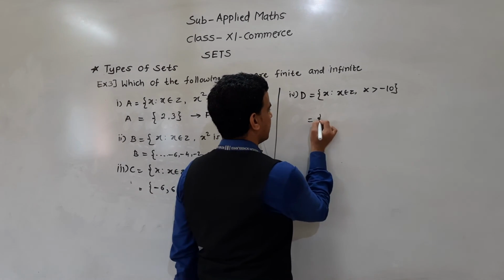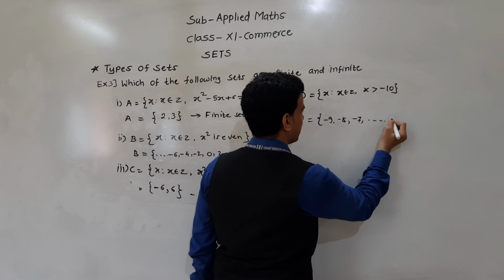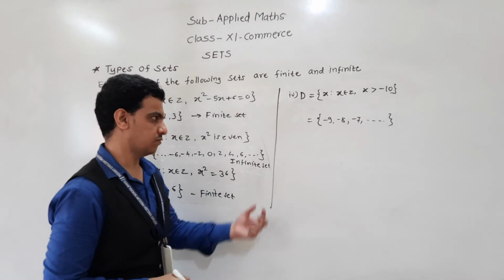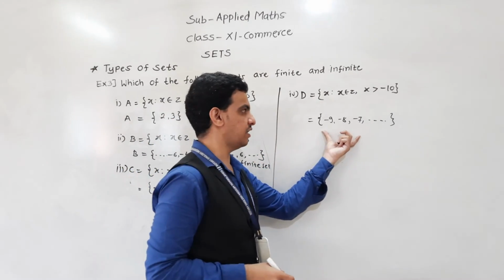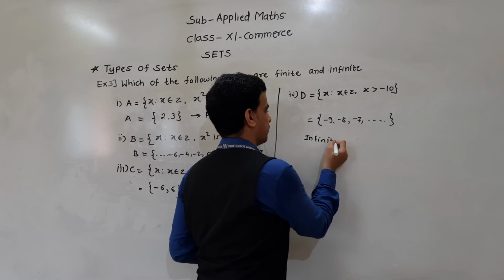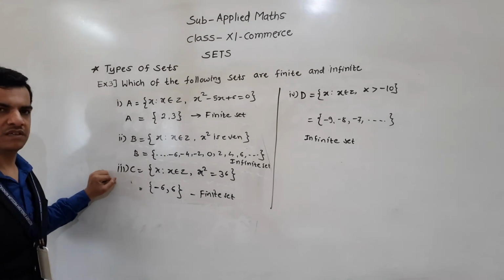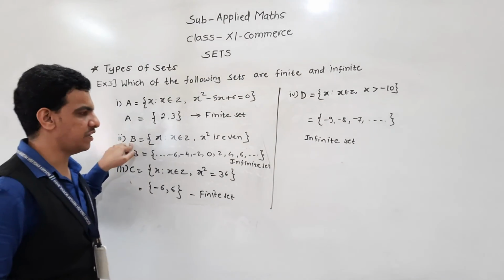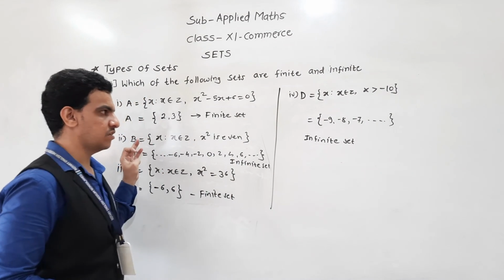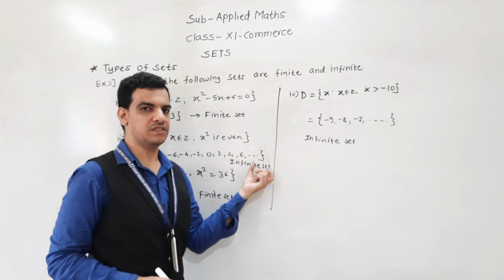This set contains minus 9, minus 8, minus 7, minus 6 and so on. So in this set the elements are infinite, so this set is an infinite set. So A and C are finite sets, and B and D are infinite sets. Okay, understand these terms. Now for more practice, solve the examples in the given worksheet.